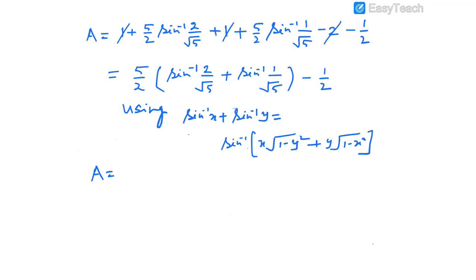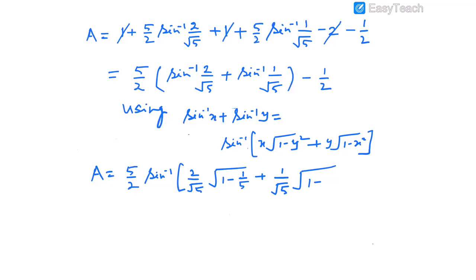Therefore we have a is equal to 5 by 2 sin inverse of 2 by root 5 root of 1 minus 1 upon root 5 square, which means 1 by 5, plus 1 upon root 5 and square root of 1 minus 2 by root 5 square, which means 4 by 5, and minus half.